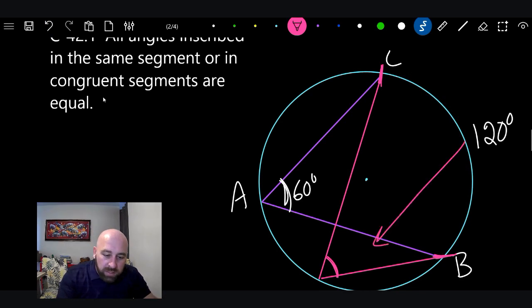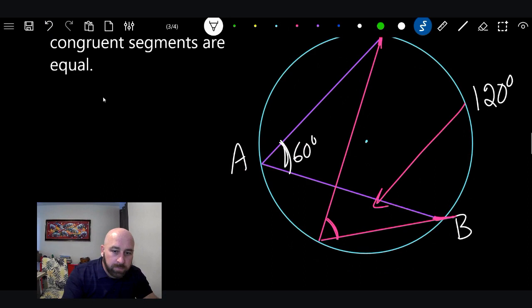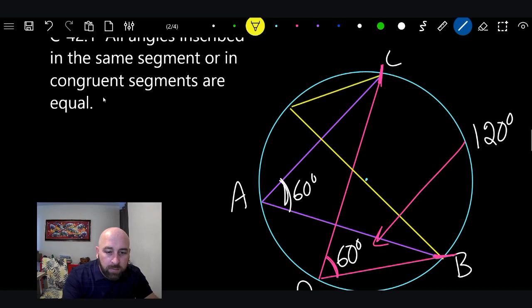So what do we know about this? We'll call this one D. What do we know about angle D? Well, angle D is also 60 degrees. And we can do it again. Do a straight line, that one's to B, and that one's to C. We'll call this D. We know that D is also 60 degrees.